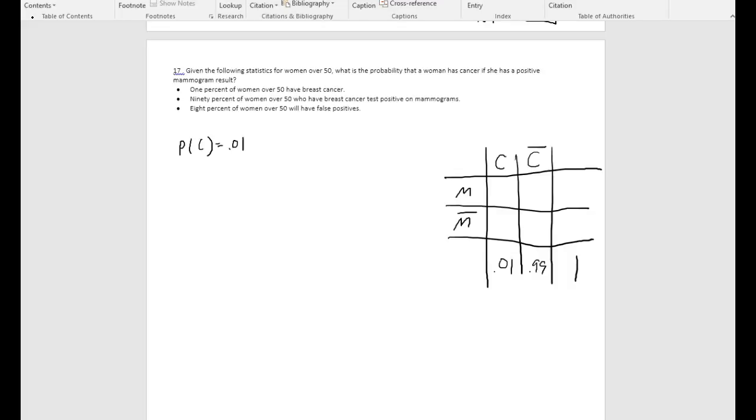So who have breast cancer means given that they have breast cancer. So the probability of testing positive given that they have breast cancer is 90%.